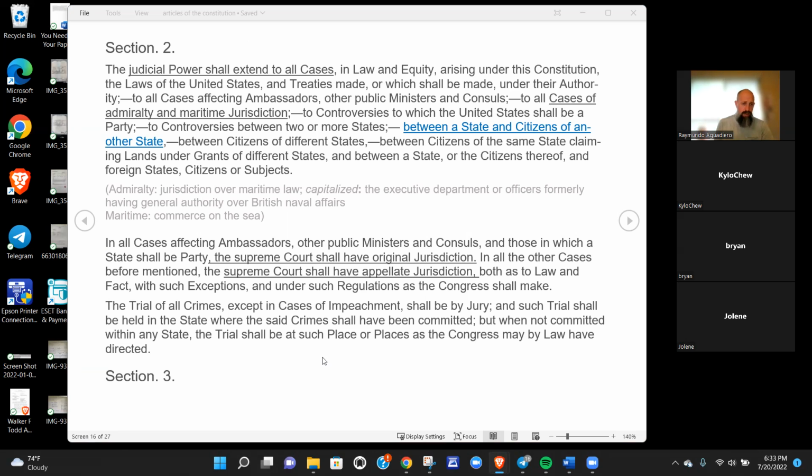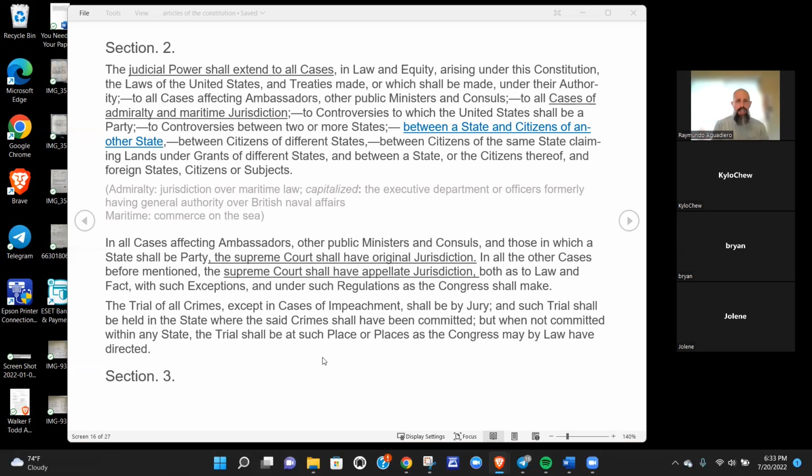The trial of all crimes, except in cases of impeachment, shall be by jury. And such trial shall be held in the state where the said crime shall have been committed, but when not committed within any state, the trial shall be at such place or places as Congress may by law have directed.